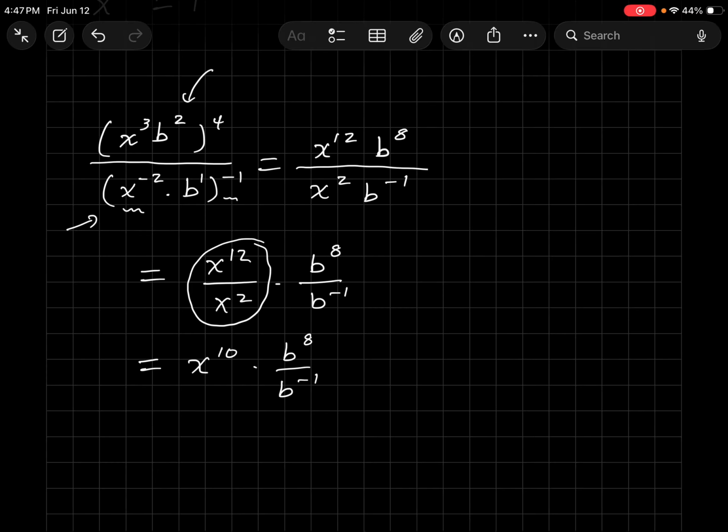I could subtract exponents here, but I'm going to practice negative exponents just to remind you what we could do. So I have x to the 10th times b to the 8th, and remember that a negative exponent will flip things. So since I have a negative exponent in the denominator, I'm now going to have a positive exponent in the numerator. So b to the first. And now I can put my b's together. When I multiply two things with the same base, we add the exponents.